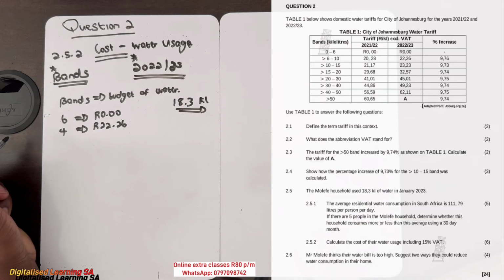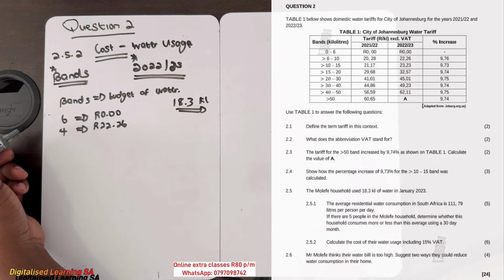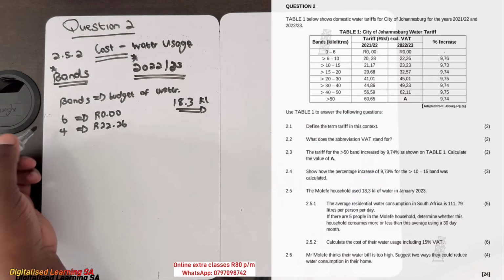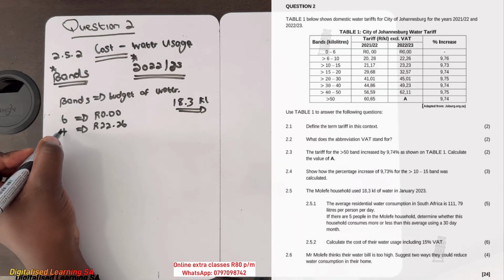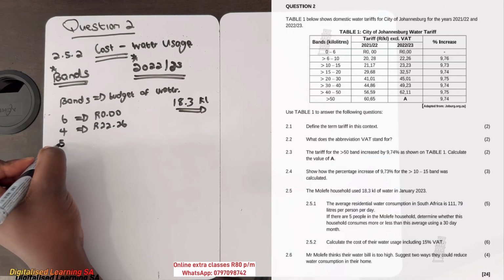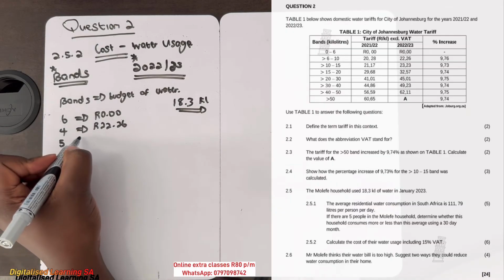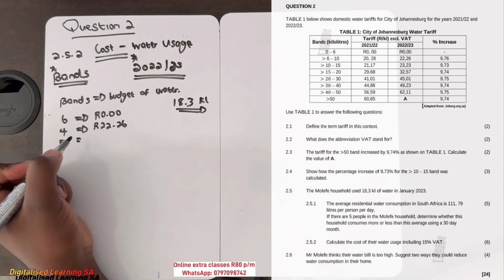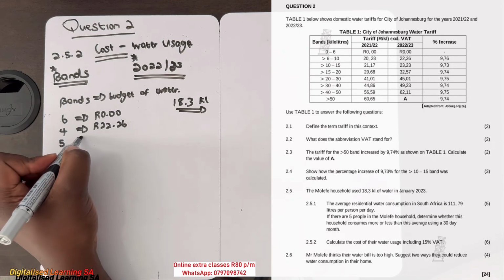And then now let's move to the next band of 10 to 15. So to move from 10 to 15, we need to add 5 so that it can apply to this range of band.